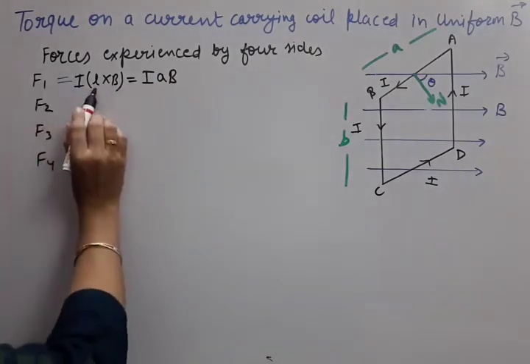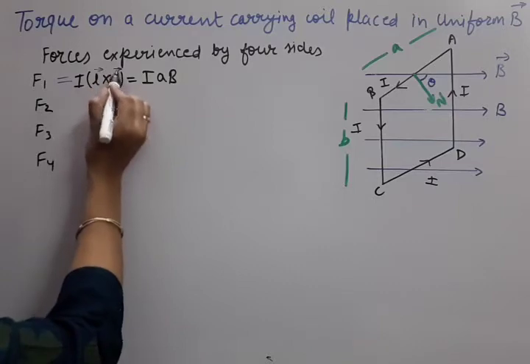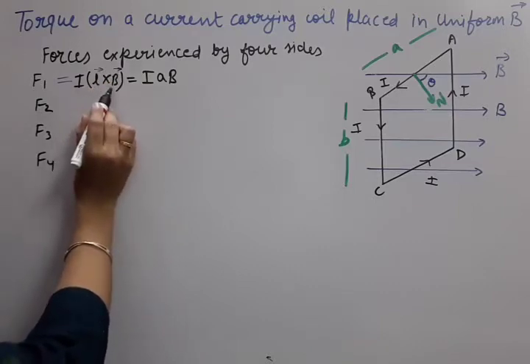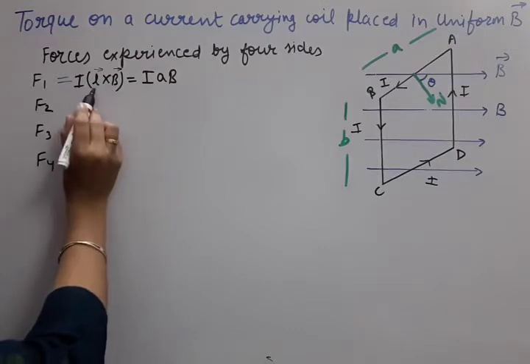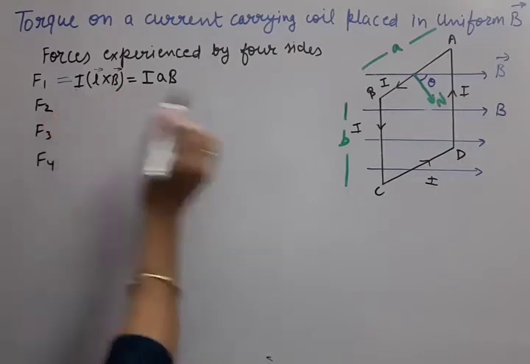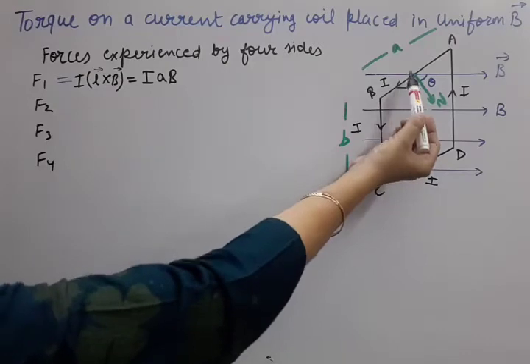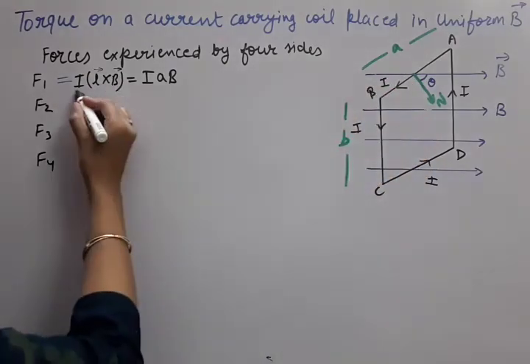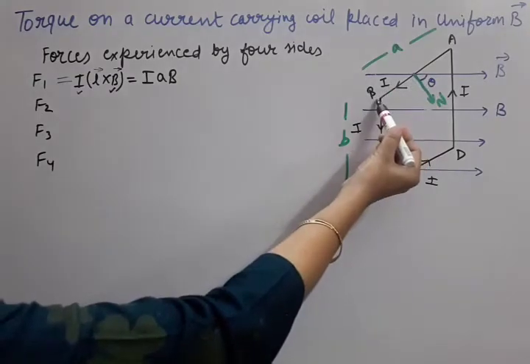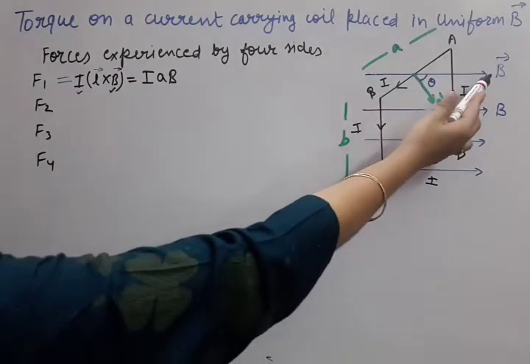As you know, in the cross product we have to take the angle between the length and the magnetic field, and the length vector direction is the same as the current. So actually the angle is to be taken between the current and the magnetic field B. Current is flowing here and the magnetic field is this blue line.